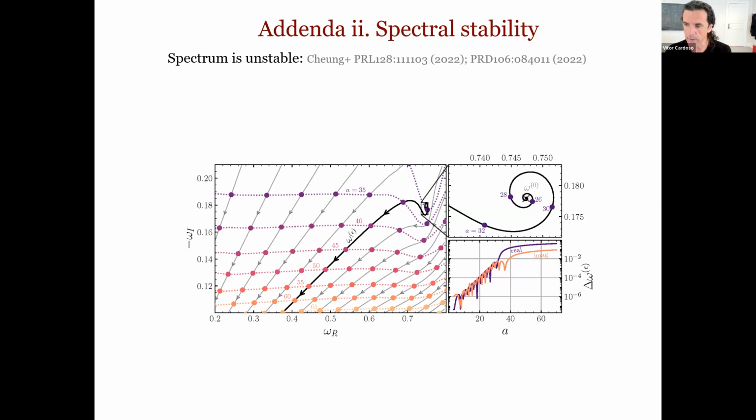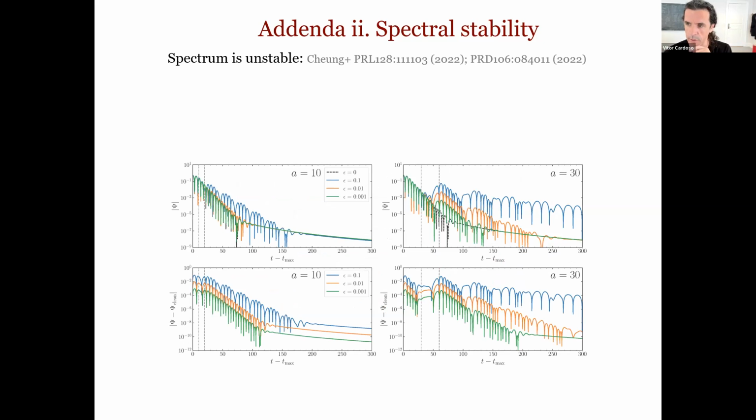However, the time domain response is interesting. Let me show you what happens when you actually follow the time evolution of some initial disturbance around the black hole. Here I'm showing you psi, the amplitude of the gravitational wave, as a function of time, for bumps that are located at a distance of 10 or 30 away from the black hole.